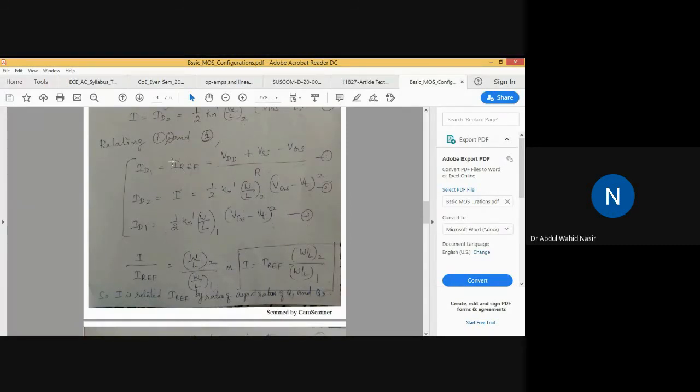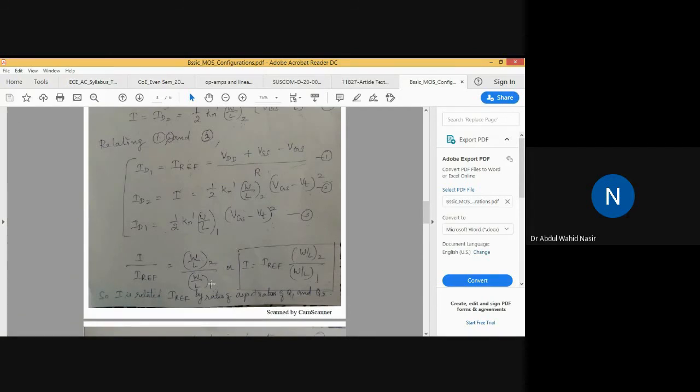This I reference is nothing but equal to ID1, and from 3 we can write this ID1 is equal to half Kn dash W by L suffix 1 (VGS minus VT) whole square. Clear? So if you take the ratio of I by I reference, it will be ID2 by ID1, or we can write W by L suffix 2 divided by W by L suffix 1.